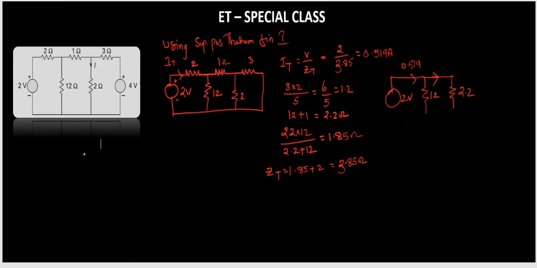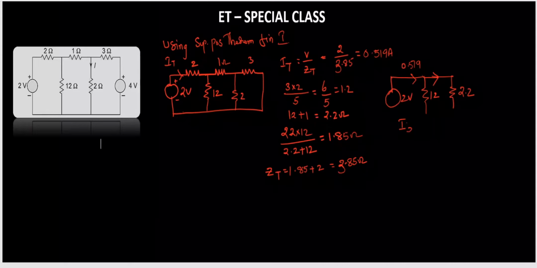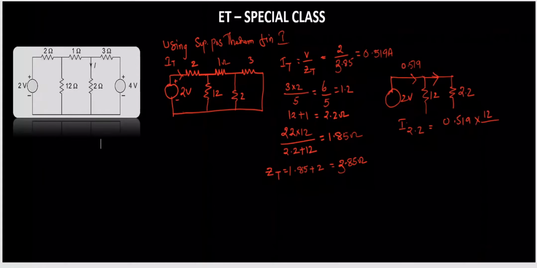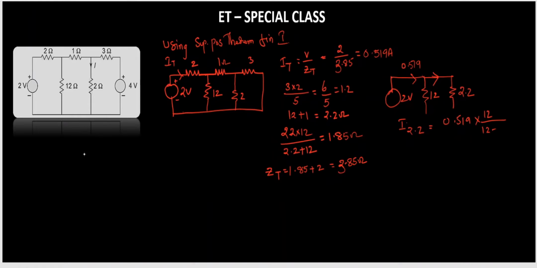So I in 2.2 is equal to the total current into the opposite resistance, 12 by 12 plus 2.2.